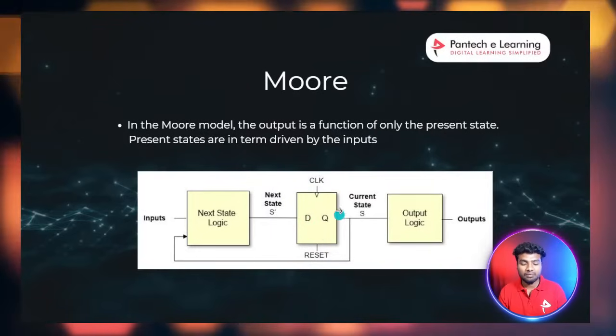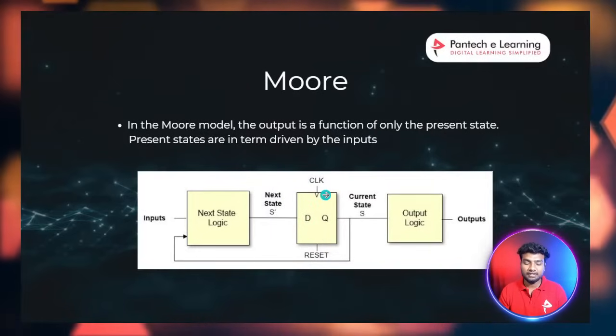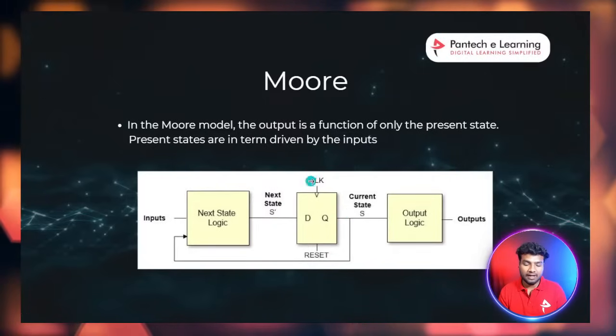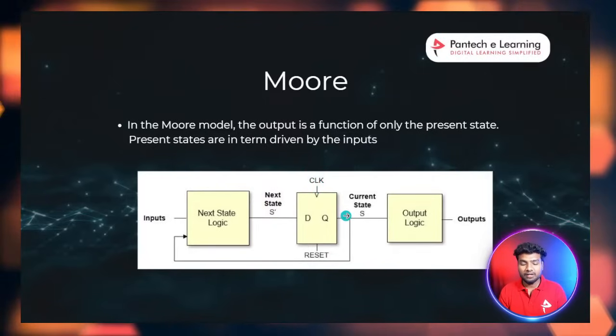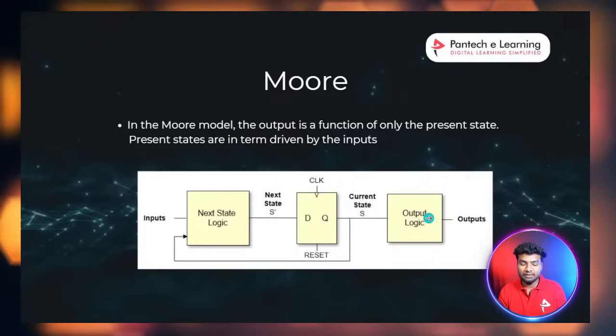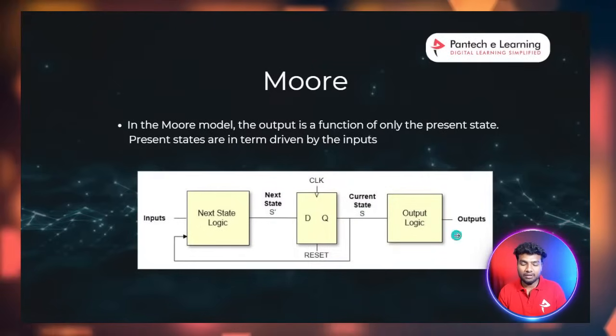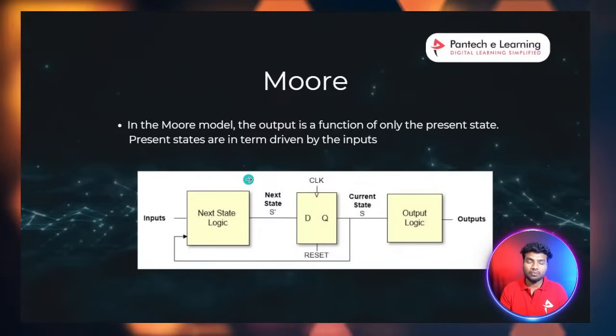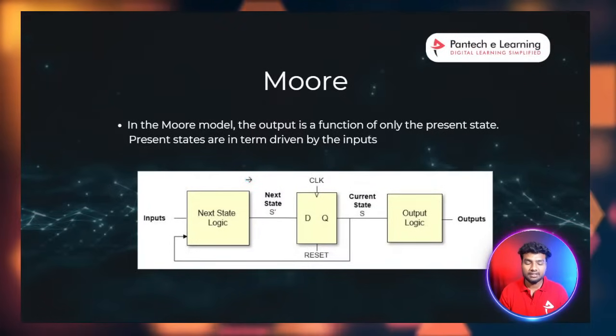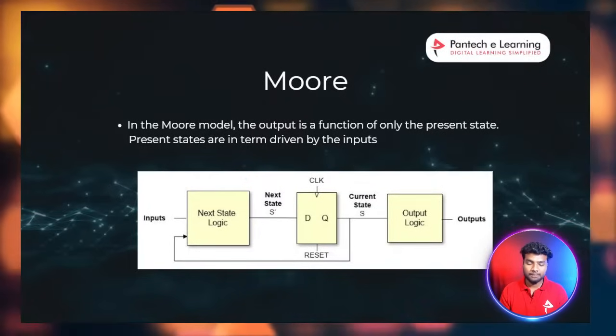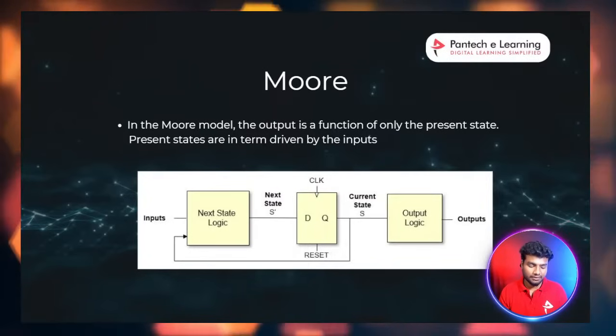This is the current memory state. Based on the clock input, it gives the output to the output logic, and then finally gives the output. The main thing is that the output depends on the current state only.